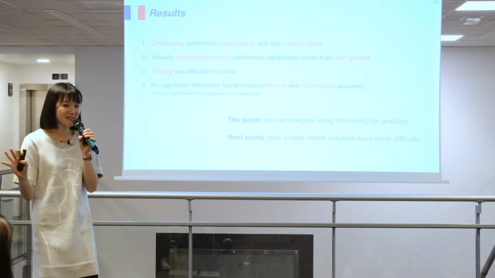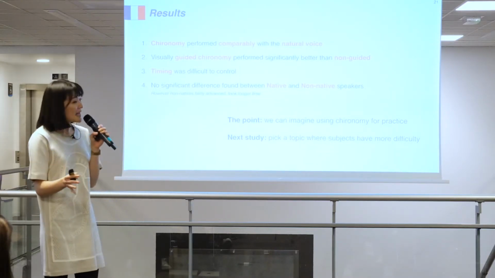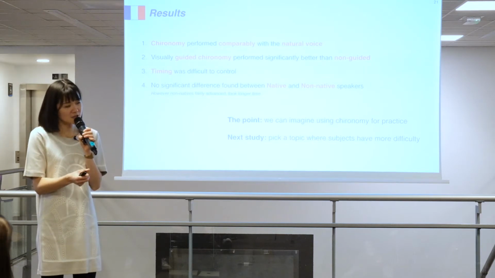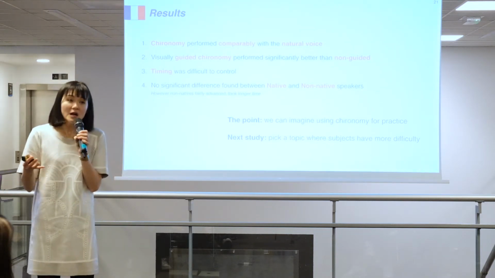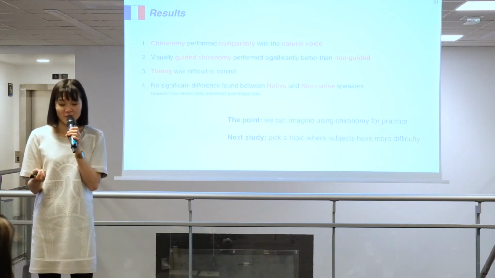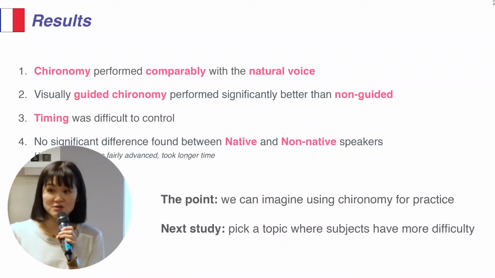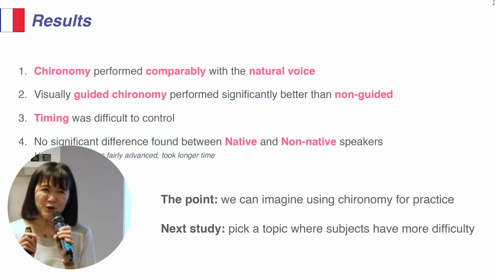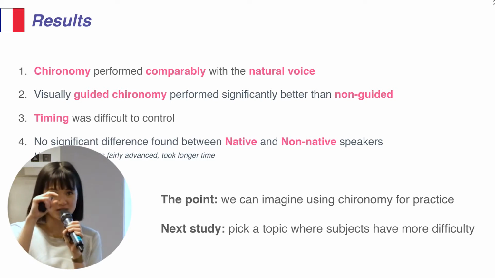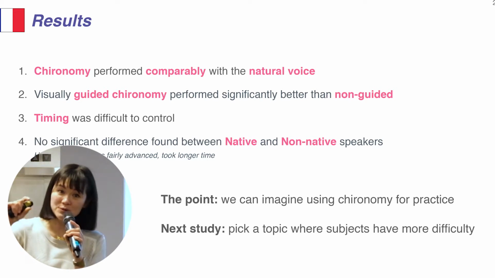And just to summarize the result, basically we found that the gestural condition performed quite comparably to the vocal condition. So there was no significant difference for correlation, which measures the overall similarity. There was about 1 semitone of significant difference for root mean square error, which measures like the actual difference between the sounds.